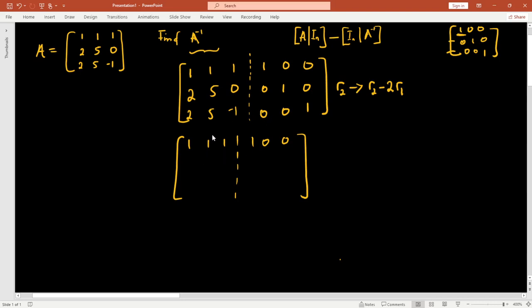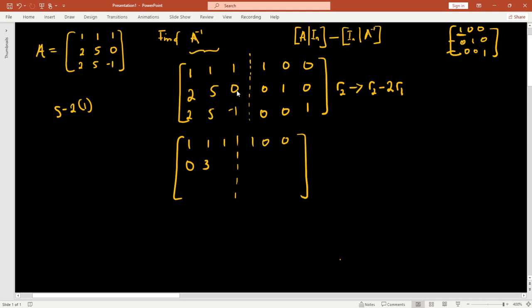Now, for the second row, every entry is going to have 2 times the entry in row 1 subtracted. So 2 minus 2 multiplied by 1, we get a 0 here. Then 5 minus 2 multiplied by the 1 on top, so 5 minus 2 gives a 3.